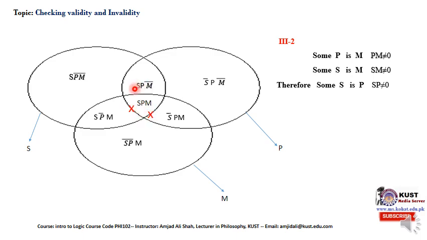Neither here is an X nor over here. So we don't find the conclusion. So it means that these premises do not support the conclusion. That's why I2 is invalid.